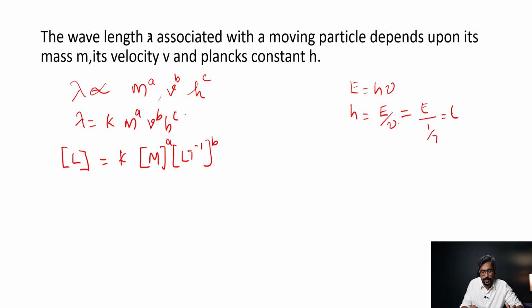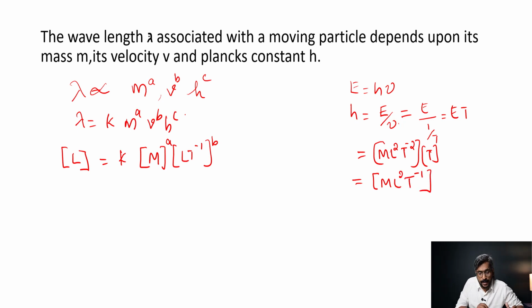So E T. Energy is M L square T raised to minus 2, into T. So from there you will get the value M L square T raised to minus 1. This is the case.